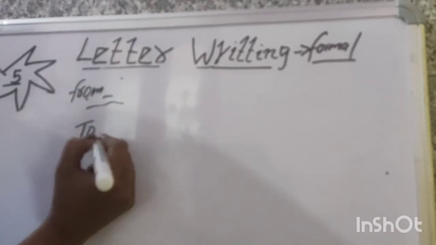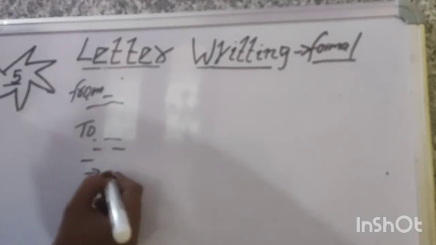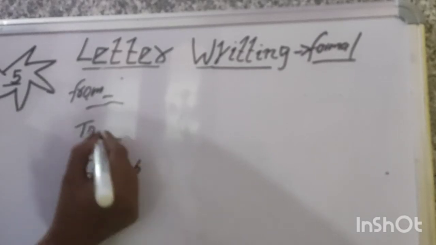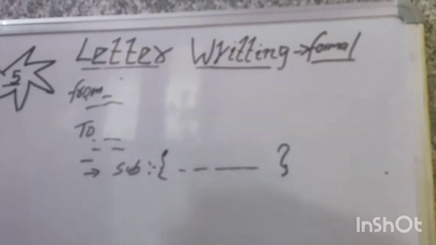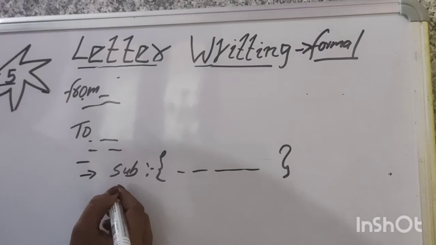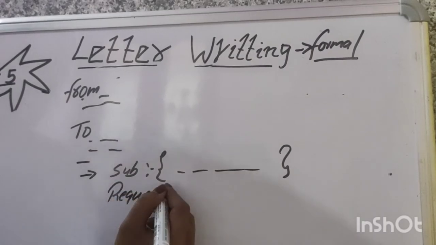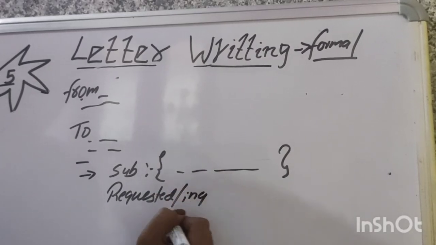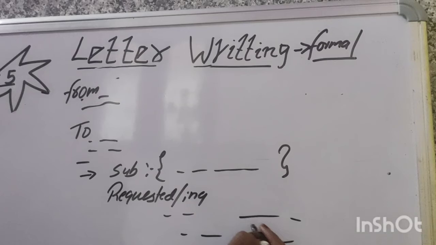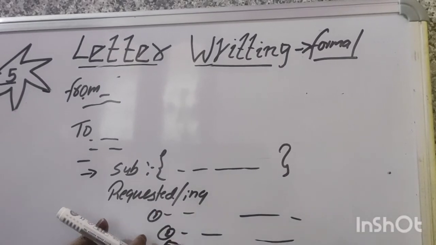So again I am writing the format. Okay, so I am keeping the dots so that you can get it clear. So from, to, and then the subject is important. Try to use the brackets so that it will look clear. And then requesting sir, ma'am. Okay, then last but not least we are going to use what?